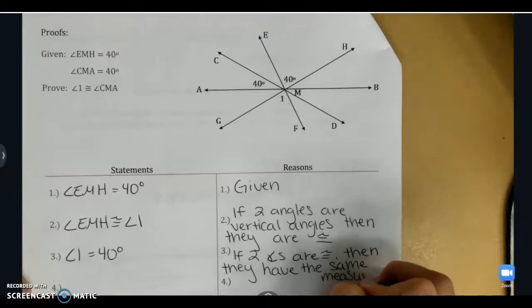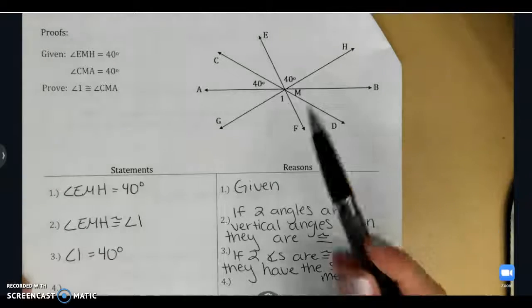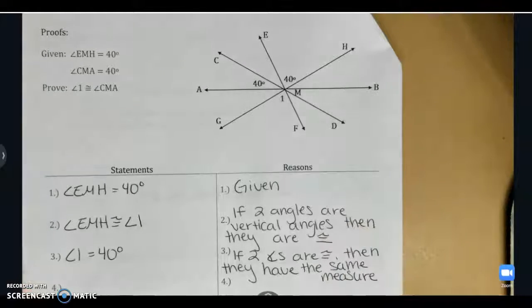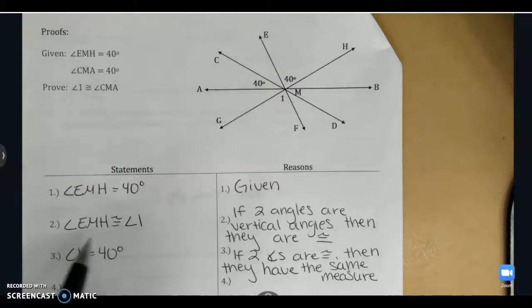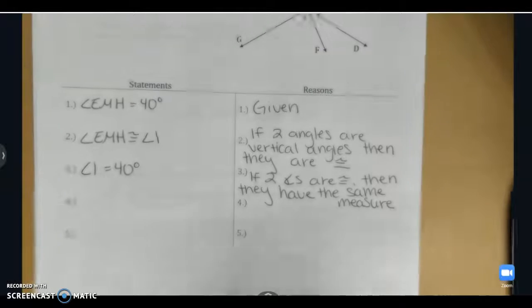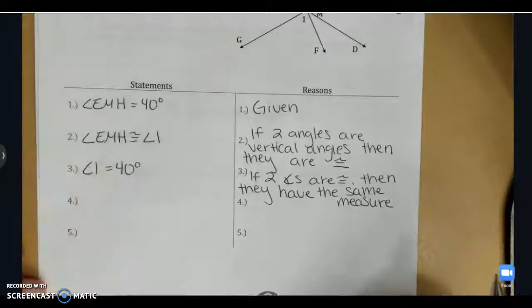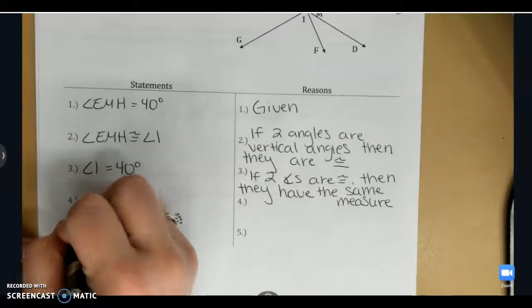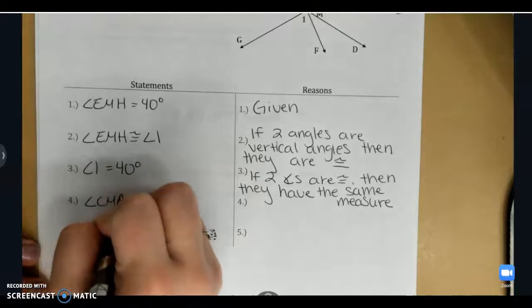Now in your head, you were probably already ready to jump to say that angle 1 was equal to 40 degrees, but remember, if your supporting statement for that is going to be that it's because they're congruent, you have to first address that they're congruent angles and how you know that. So angle 1 is 40 degrees, and then there's one other piece of given information I haven't stated yet, and that was about angle CMA being 40 degrees.